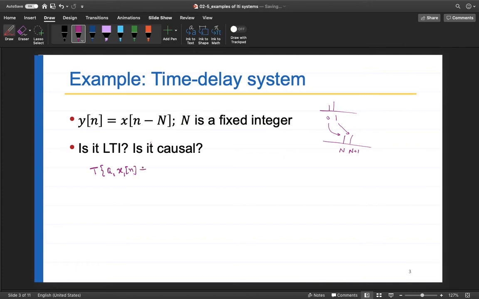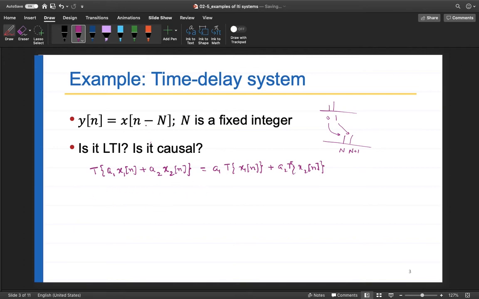If I linearly add them with some weights, a1 and a2, which are scalars, could be real number, complex number, then this transformation will be equal to a1 times transformation of x1 n plus a2 times transformation of x2 n. This is the basic definition of linearity, which we have seen in the previous videos.